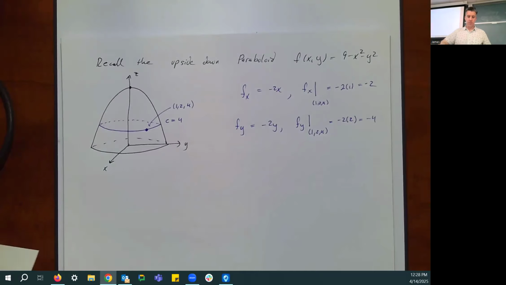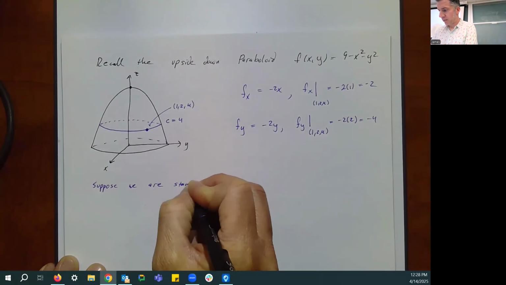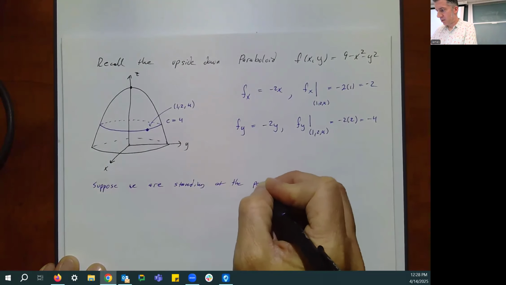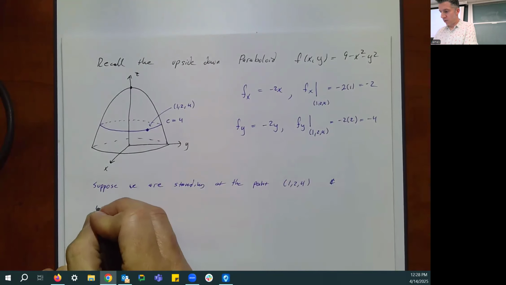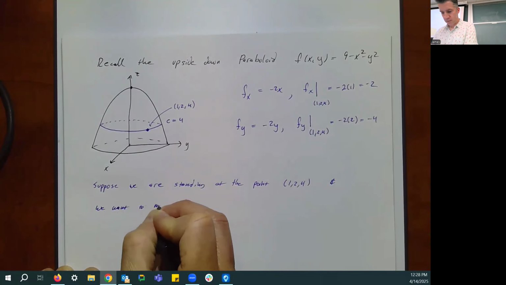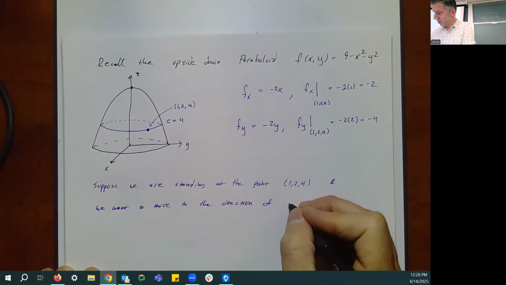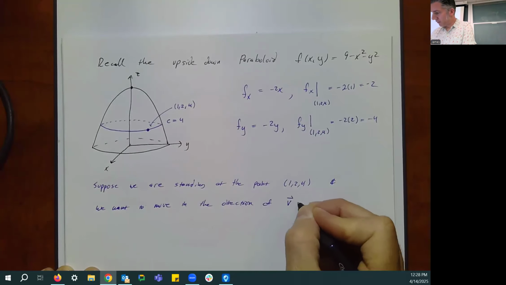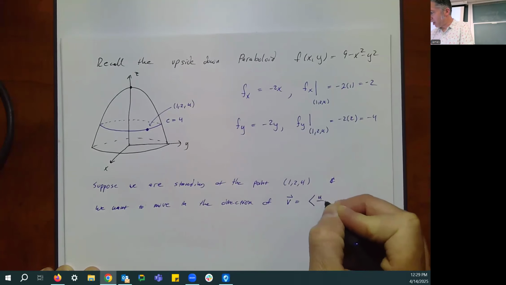Suppose we're at that same point, standing at the point (1, 2, 4), and we want to move in the direction of the vector v equal to (4/5, 3/5).